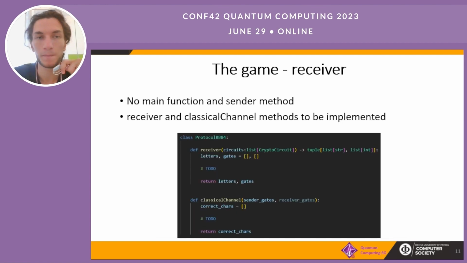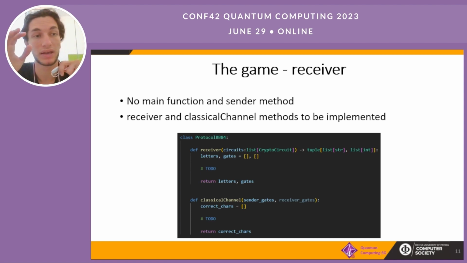More specifically, the crypto circuit class was provided so they can properly use the circuits, and the protocol BB84 class is as it can be seen here in the image.